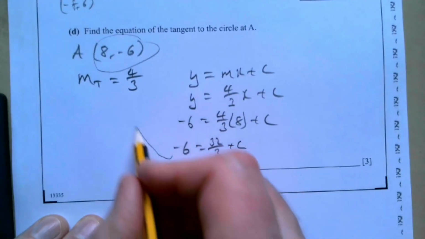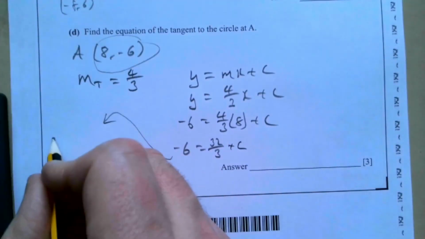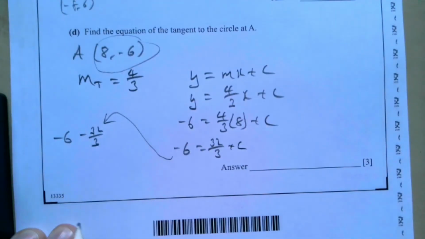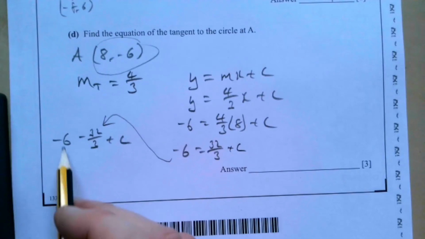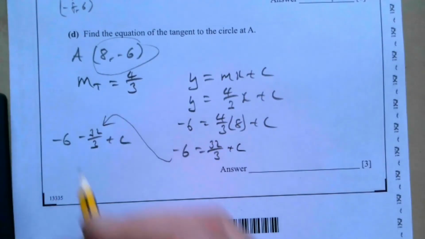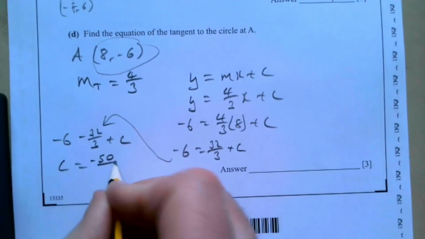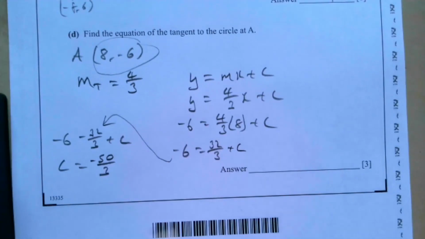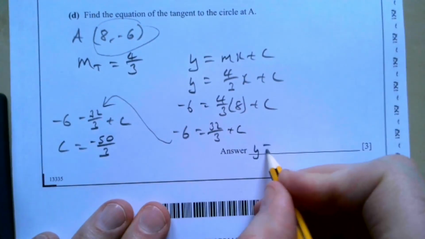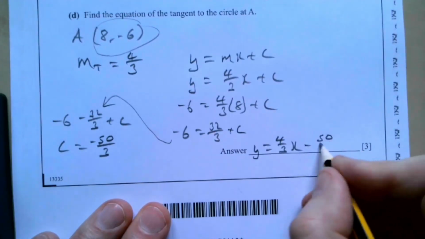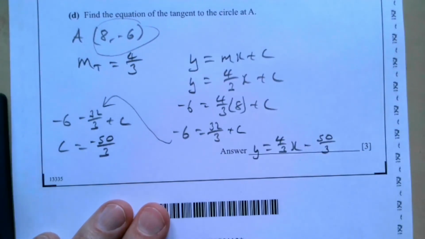This spacing is awful, apologies. So it's -6 minus 32 over 3. -6 in thirds would be -18 thirds. So c is going to be -18 minus 32, so -50 over 3. So it's going to be y equals 4 over 3 x minus 50 over 3.